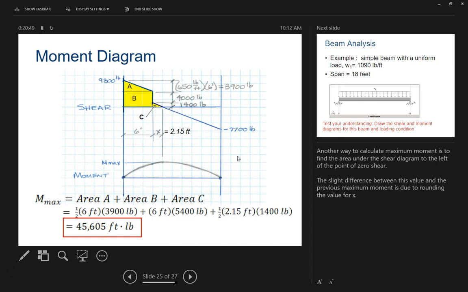Ethan? The same would go for the other side, right? The other 14 feet? Yeah. Find the area of that triangle. If we needed to find the moment over there, or you're saying find the maximum moment. We only need to find the maximum moment, and the left side has more weight on it, so that's the one we need to look at.